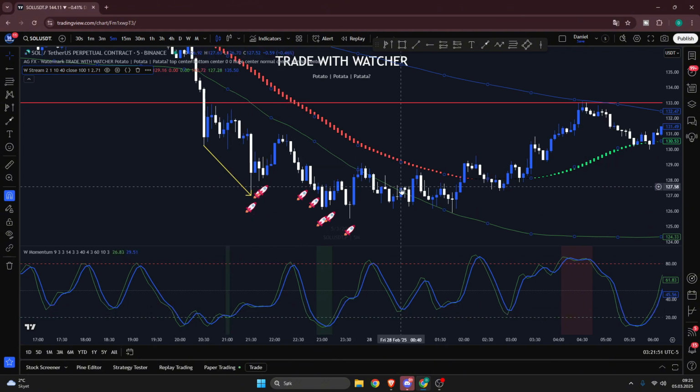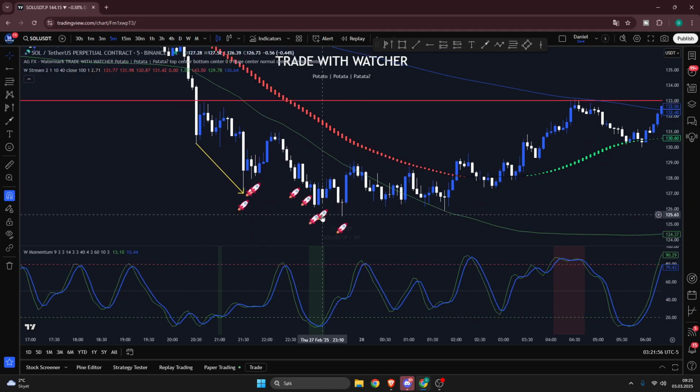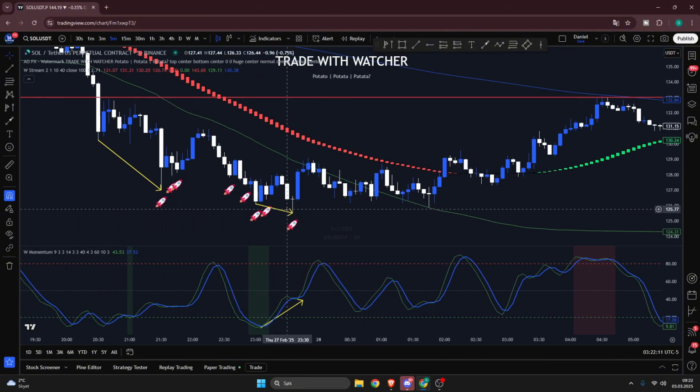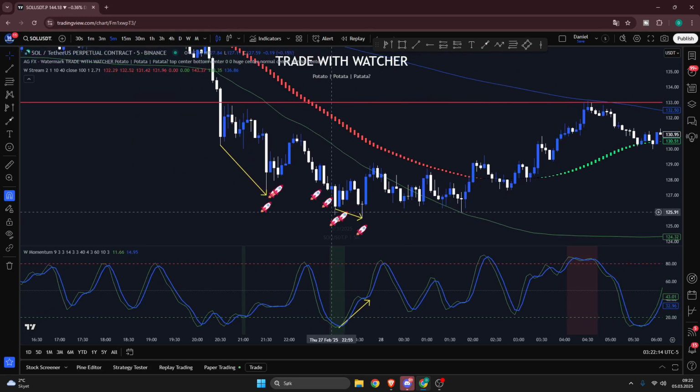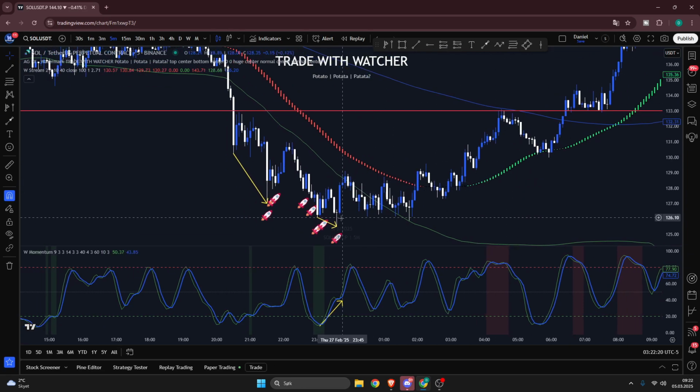Starting to lose momentum to the downside. And then you see here as well, the same thing happened right there. Price made a new low right here, but this one didn't. And this is how you can do reversal trades if you want to. I'm not a huge fan of reversal trades. I like to see the order flow change first before I take any positions, but this is a possibility to use it like this as well.